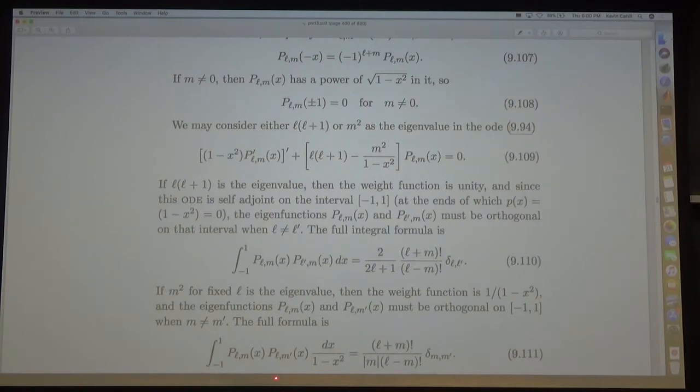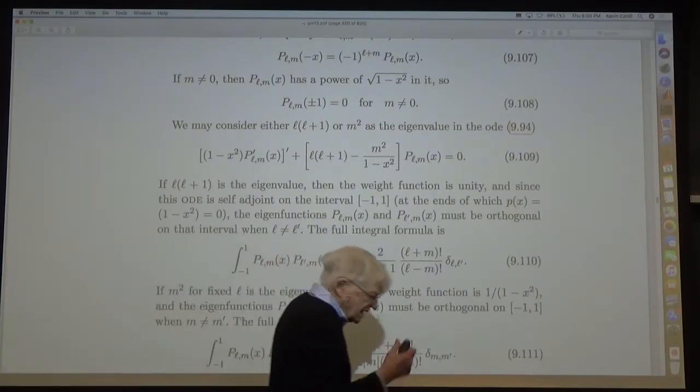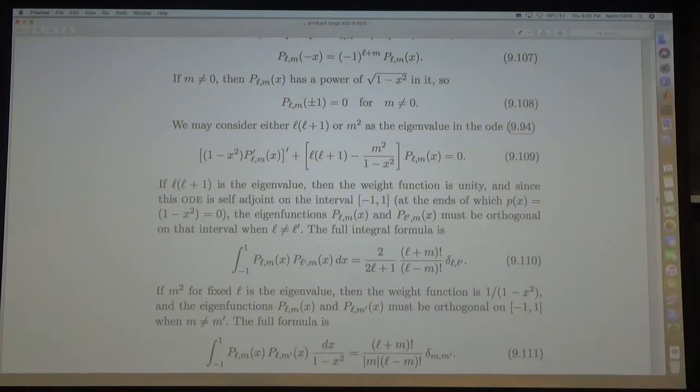And the orthogonality formula is like this, with the weight function sitting there. So keep that in mind, that there are two different ways of looking at the equation for the Associated Legendre functions or polynomials.